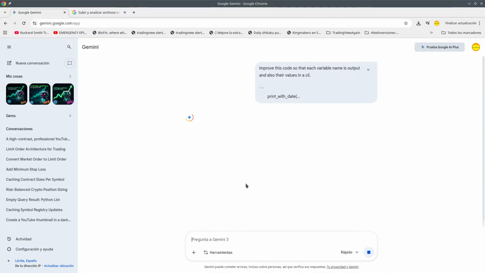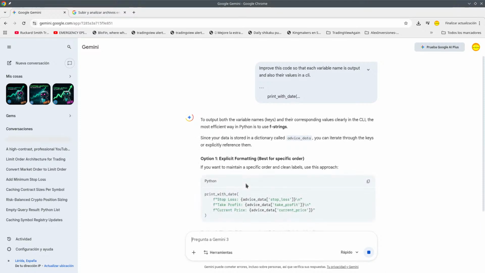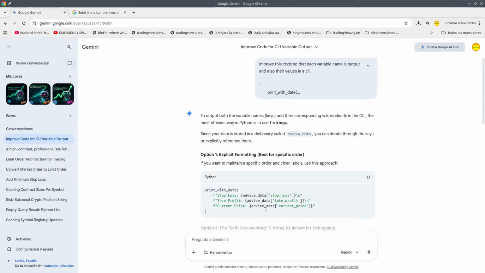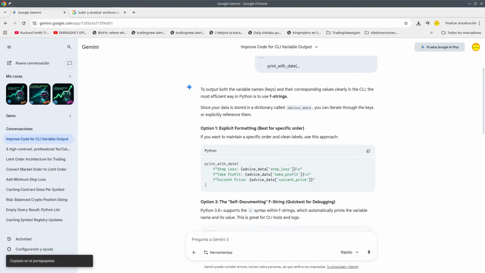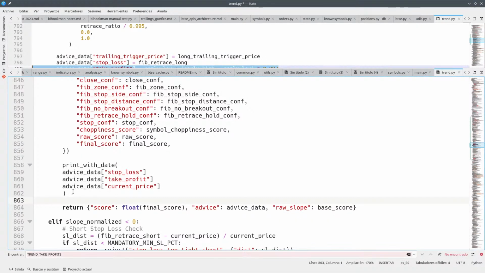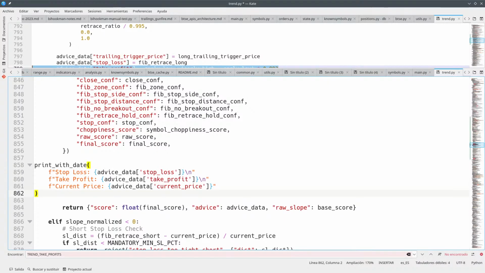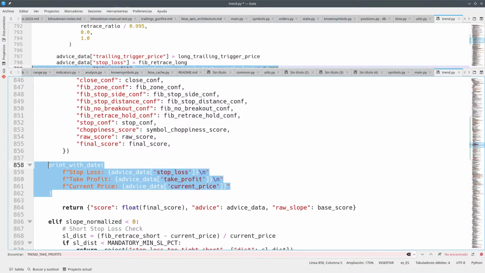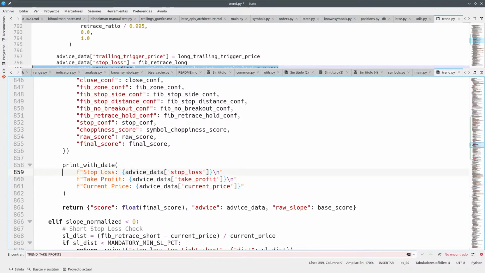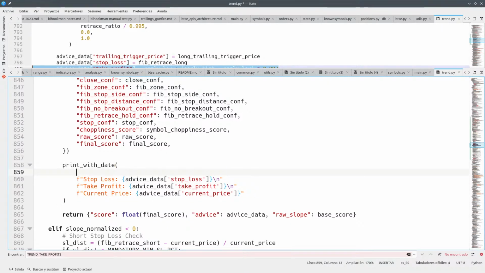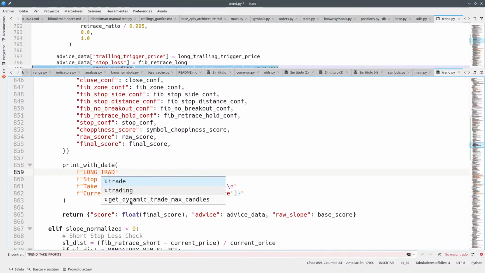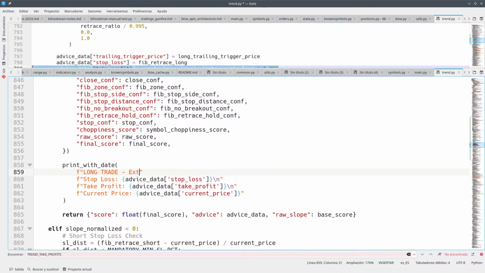Yeah, let me see. F strings. Yeah, okay, let's go with this. So this is going to be F, long trade, extra information.